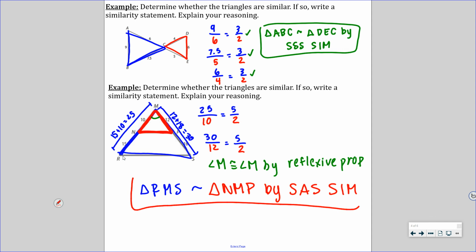I'm telling you right now, I'll take points off if you don't put SIM, because side-angle-side is a congruency theorem. Okay, a couple more.